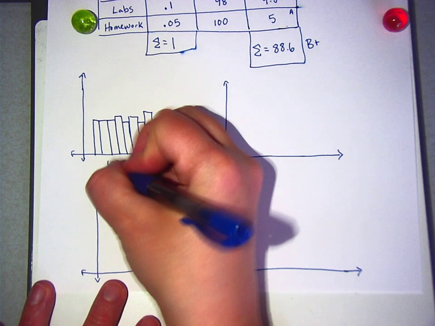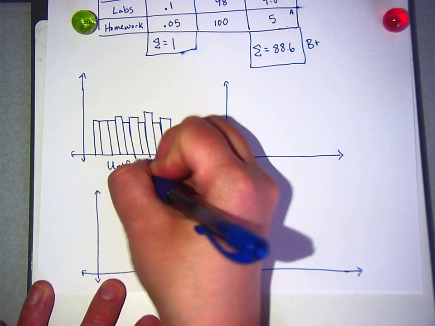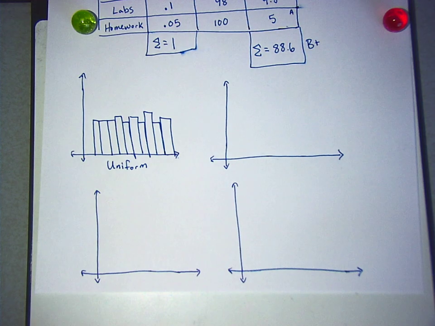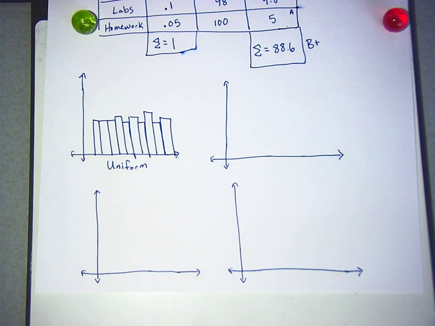This is called a uniform distribution. Anybody want to guess what the word uniform means in this case? And it doesn't mean outfit. In a line, all the same, uniform.